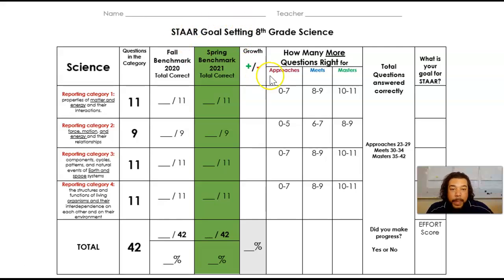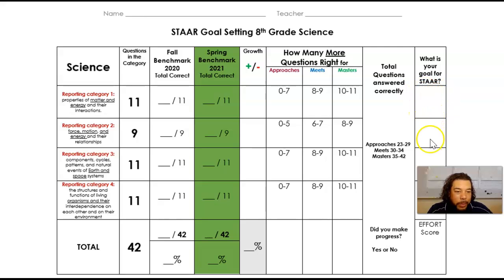Under this column, it talks about how many more questions right for approaches, meets, and masters. So the kids can start to set goals as to how far they want to get, or where they need to go in order to do this. Then they will also give themselves goals for the STAAR test.